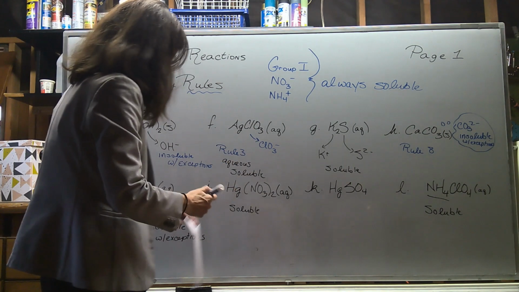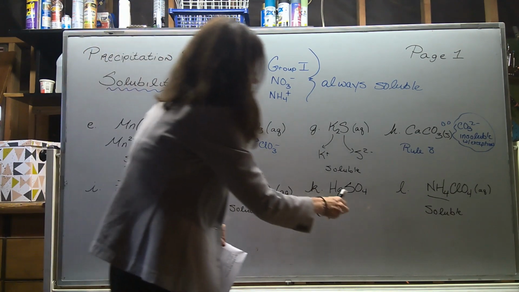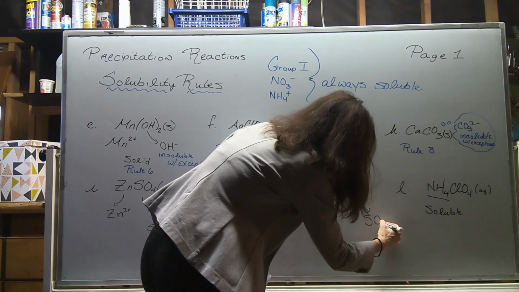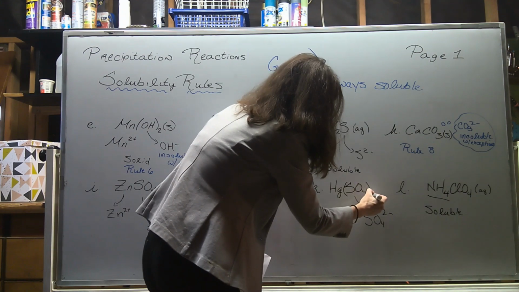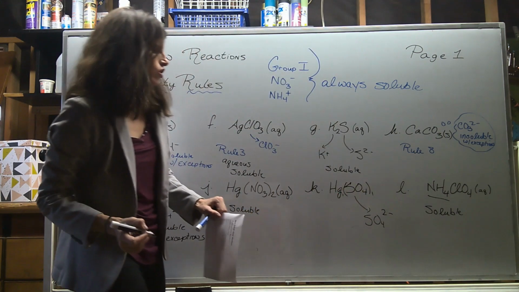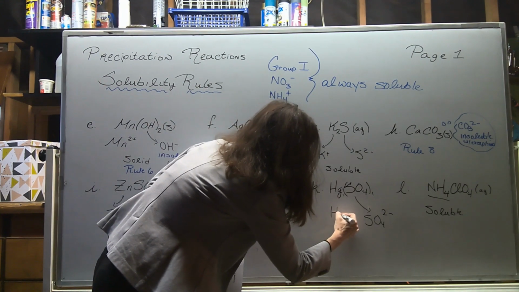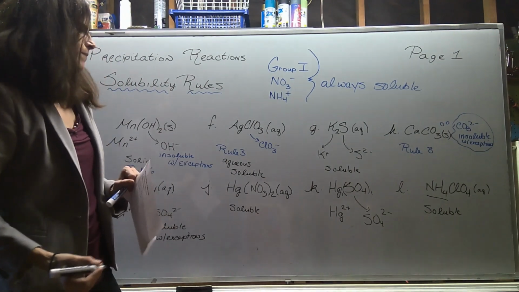Last one, we're going to do mercury sulfate. So mercury is super tricky, but sulfate I know is SO4 2-. And so since this is a 1-to-1 ratio, I assume that my mercury had a 2+. So this is mercury(II) sulfate.